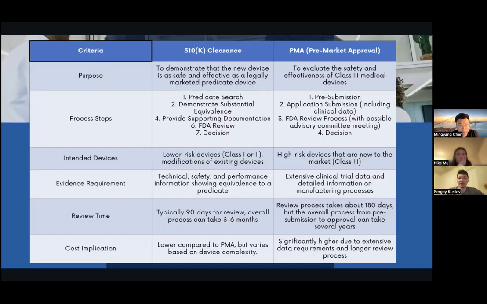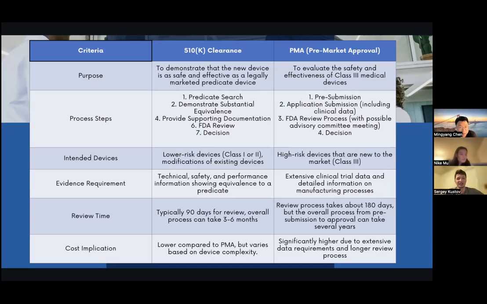You're not really inventing anything novel per se, so it doesn't require more clinical efficacy studies. If you really need to use the pre-market approval strategy, that is to evaluate the safety and efficacy of a class 3 medical device, essentially a device that can bring a moderate risk to a patient, so you have to balance the safety and efficacy profile. That's the difference between the purpose of the 510(k) and the PMA.